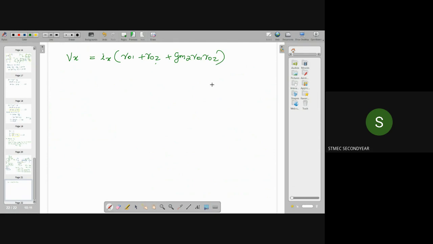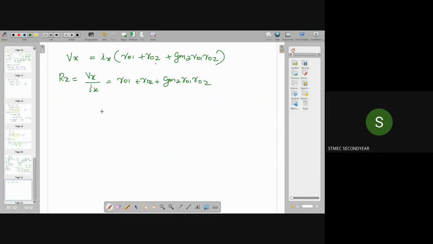And now we can say Rx, or Ro, equals Vx divided by Ix, which is R01 plus R02 plus Gm2 into R01 into R02.